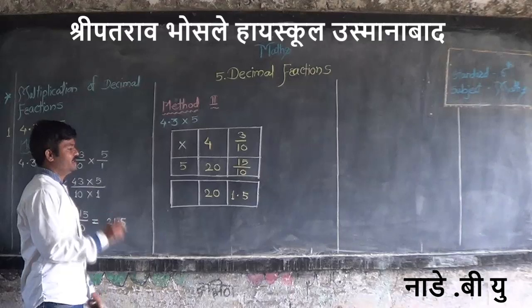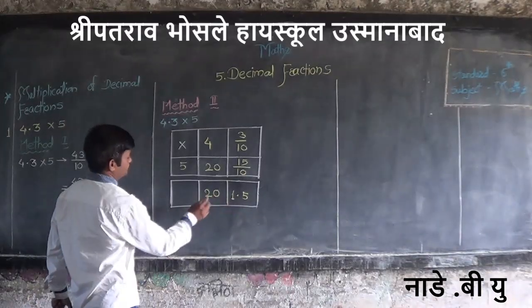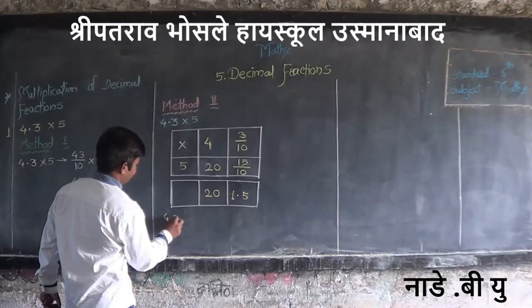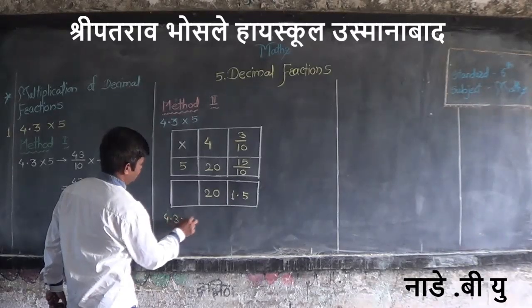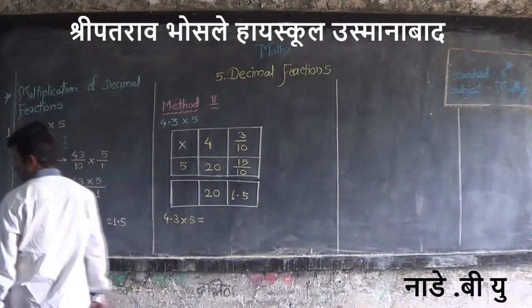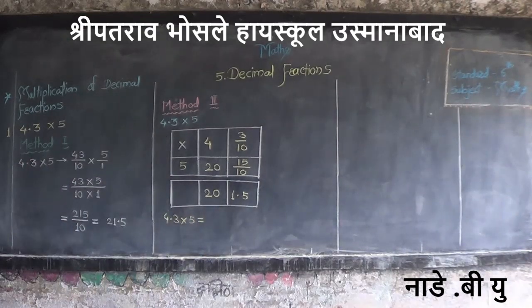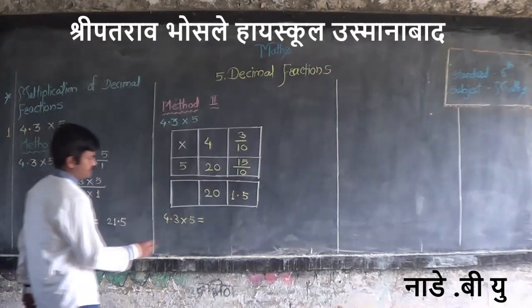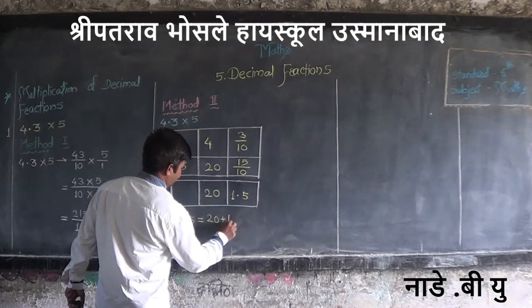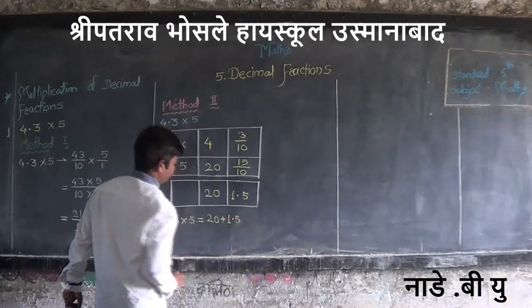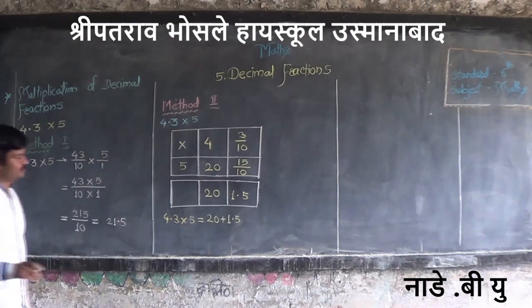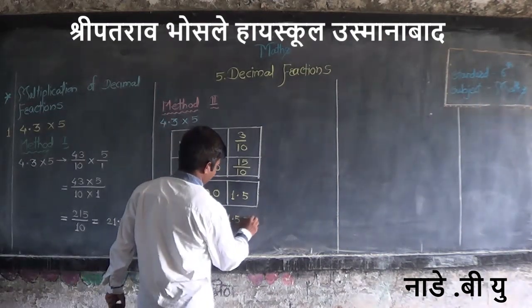We can add the 1 to the integer. Here our example: 4.3 into 5 is equal to 20 plus 1.5. 20 plus 1.5 is equal to 21.5, our answer.